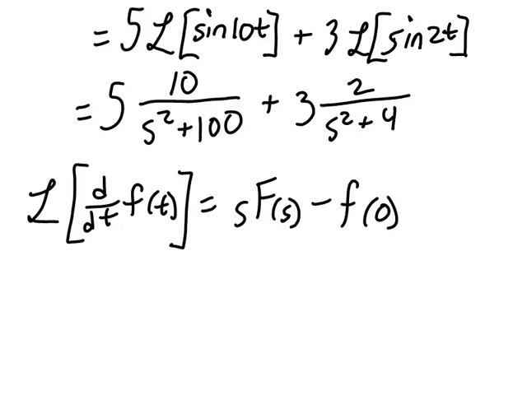This is why in our Laplace transform examples that we did in the previous videos, we said that we were making the assumption that the initial conditions are 0. Anytime the initial conditions are all 0, the value of this term, f of 0, will be 0. And we'll be left just with this first term, s times F of s. We've already looked at several examples of applying this property.